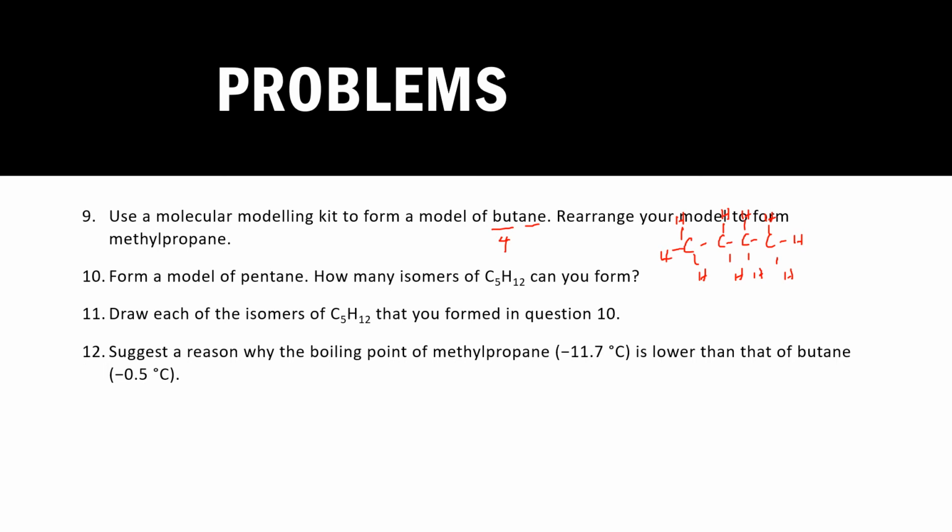Then rearrange your model to form methyl propane. So for example, I show a different color. What happened?